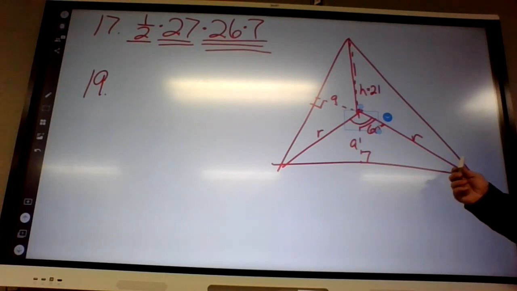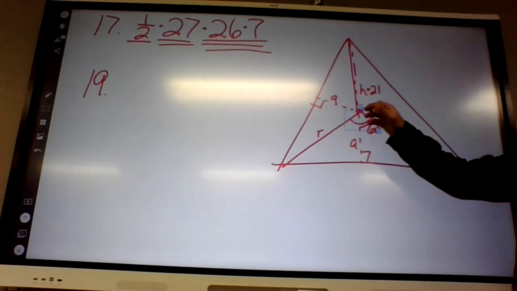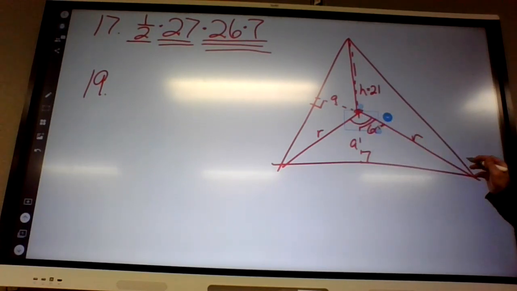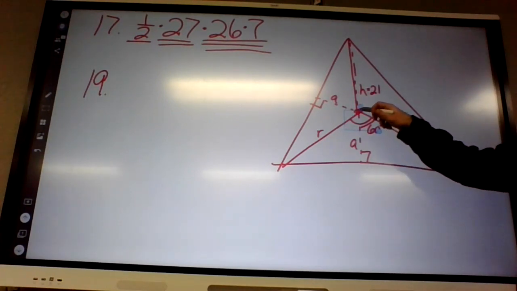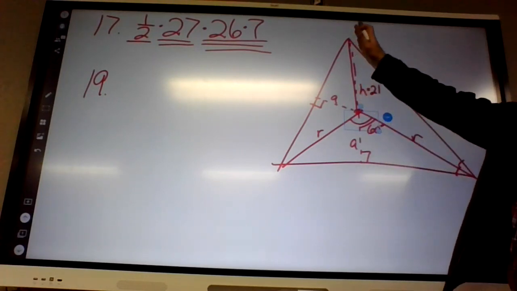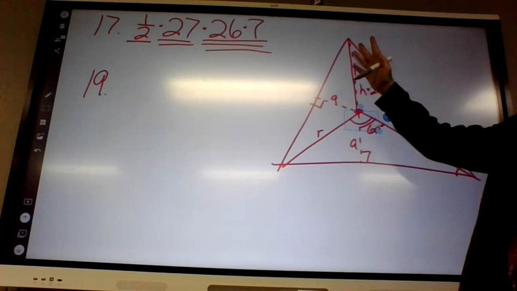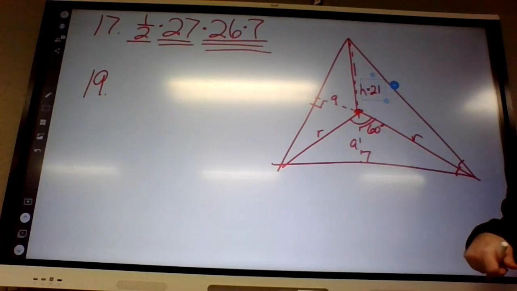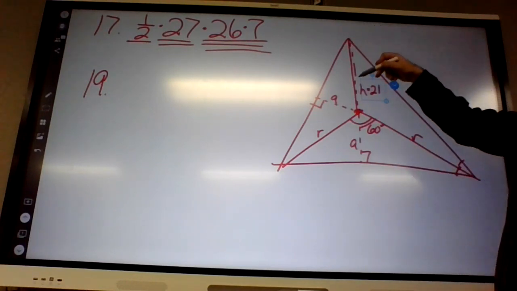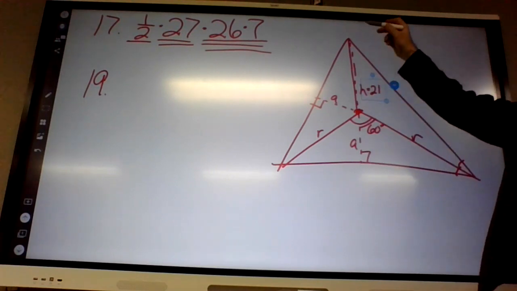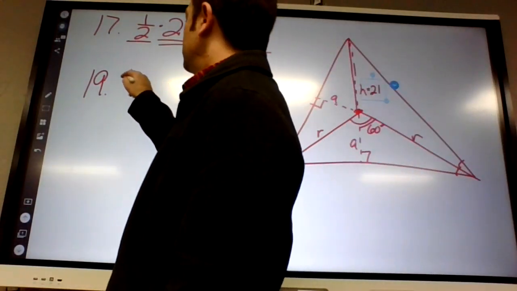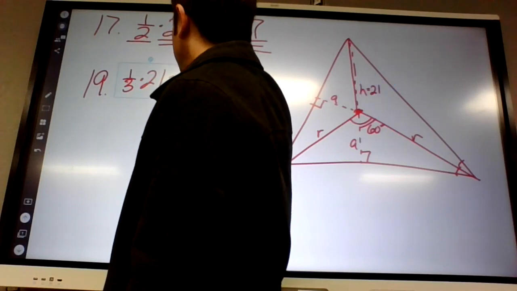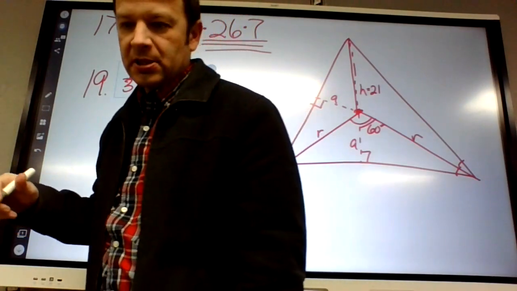You guys probably don't remember this, but back when we did incenter and centroid, these radii are angle bisectors, like they split this in half. They meet at the incenter, and the incenter is 1/3 of the way from the side to the vertex. So the apothem is only going to be 1/3 of the height. Or this is 2/3 of the way. But the apothem from here to here is going to be 1/3 of 21. So it's just 7 centimeters.